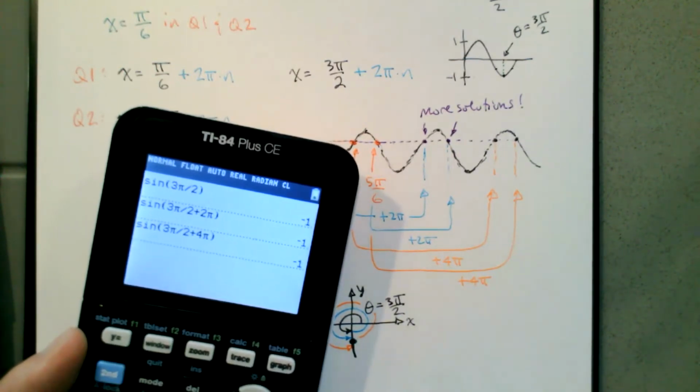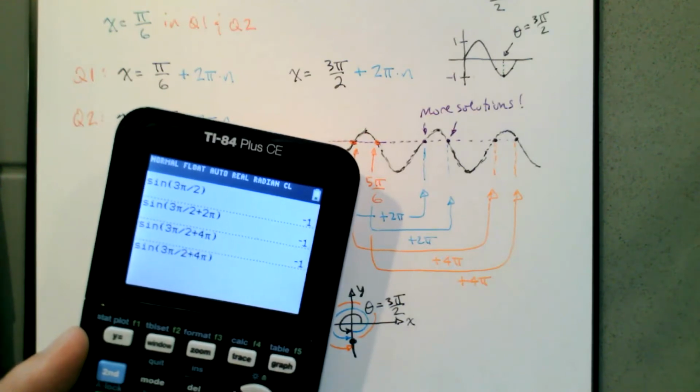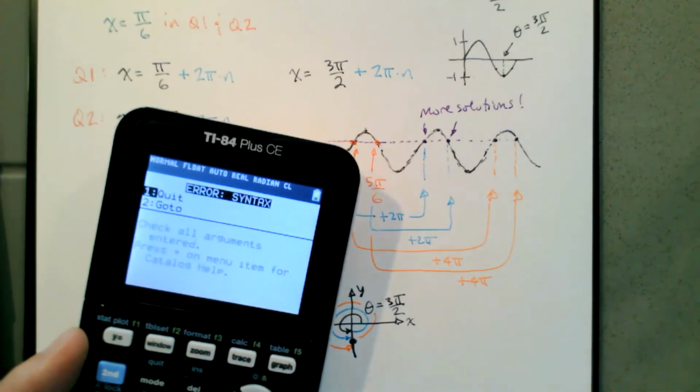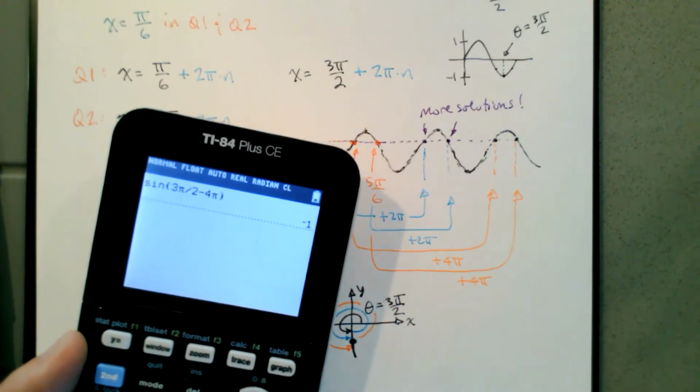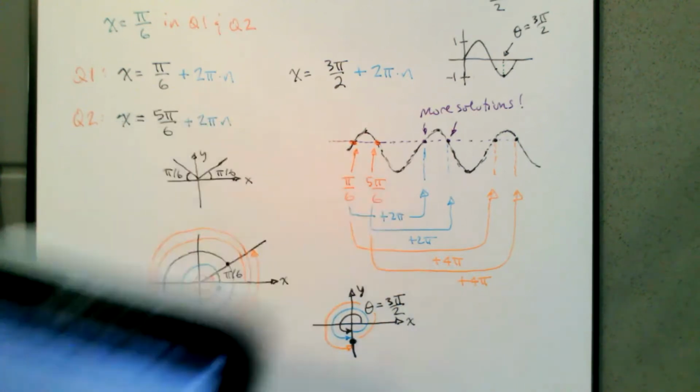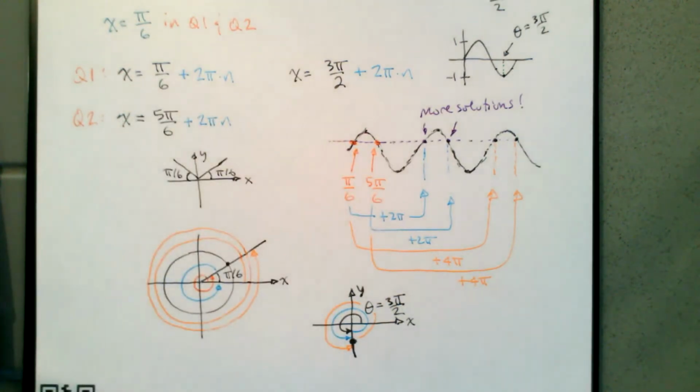Because all these angles that I'm inputting are at the same place. I can go backwards too. All these angles, 3 pi over 2 plus 2 pi times some integer, are the same place. So the angles are coterminal, and so they'll have the same sine.